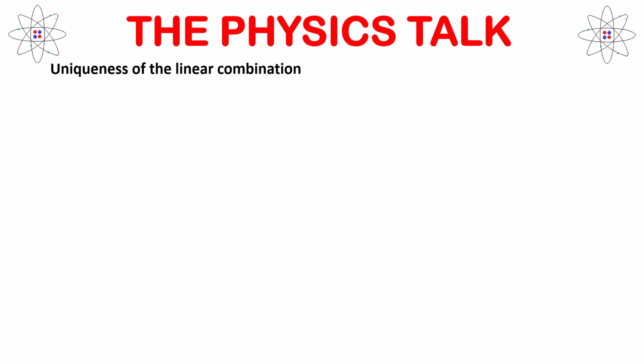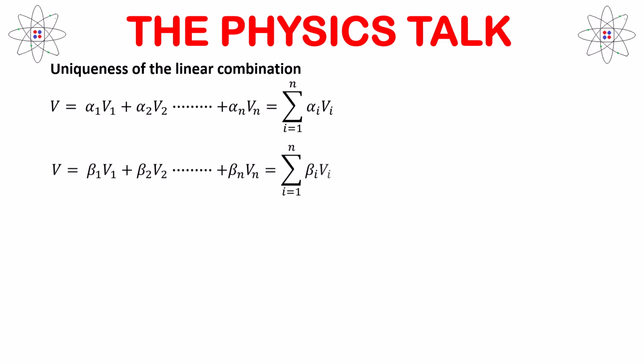Let us take this arbitrary vector v and express it as a linear combination of n numbers of vi's. Although the theorem states that only one unique combination is possible, let us disregard the theorem for the time being and assume that a different linear combination is also possible. Here we replaced all the alphas with betas.